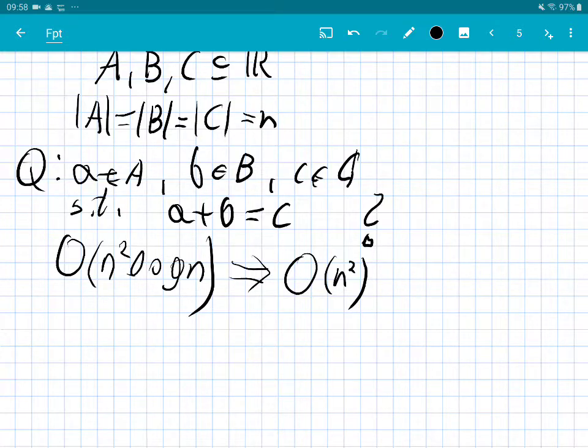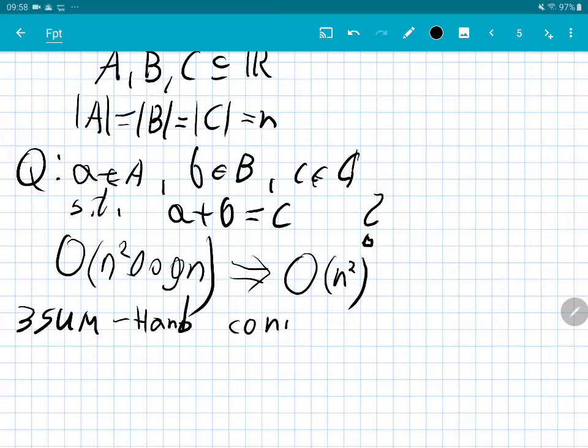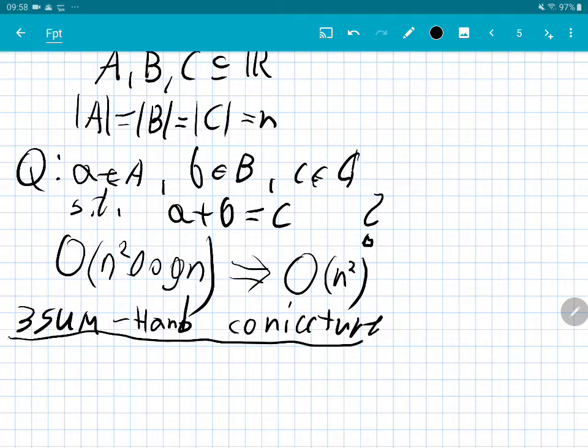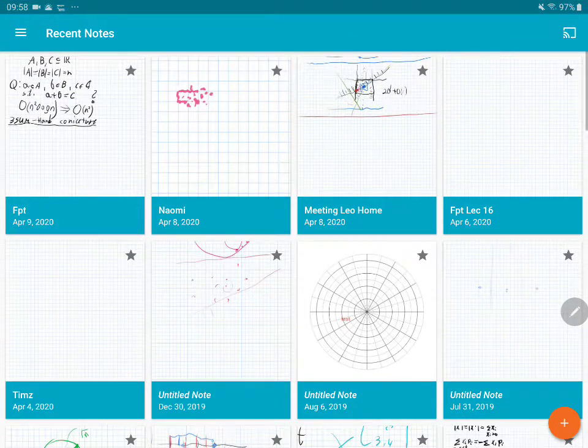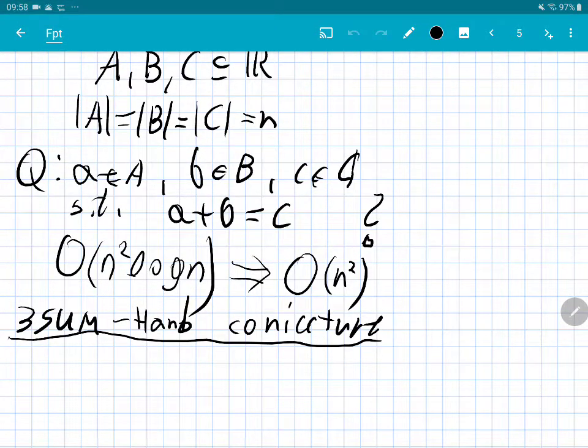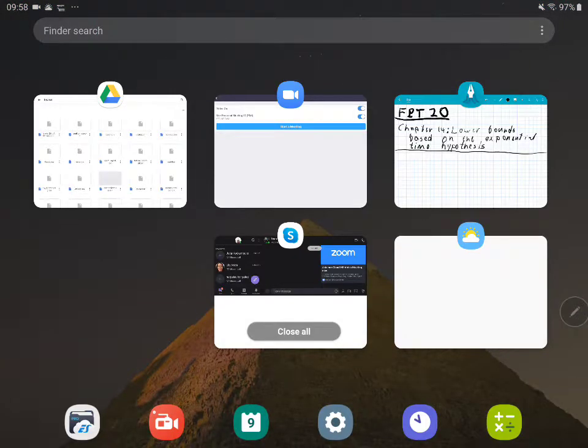Okay, so the 3SUM hardness conjecture says that we cannot do any better.